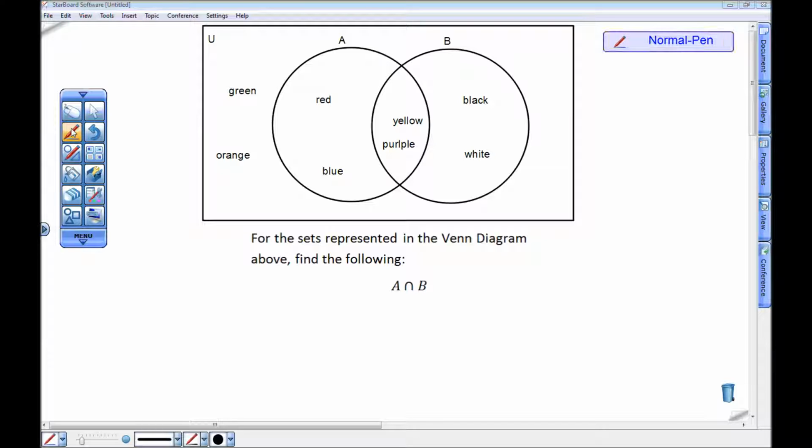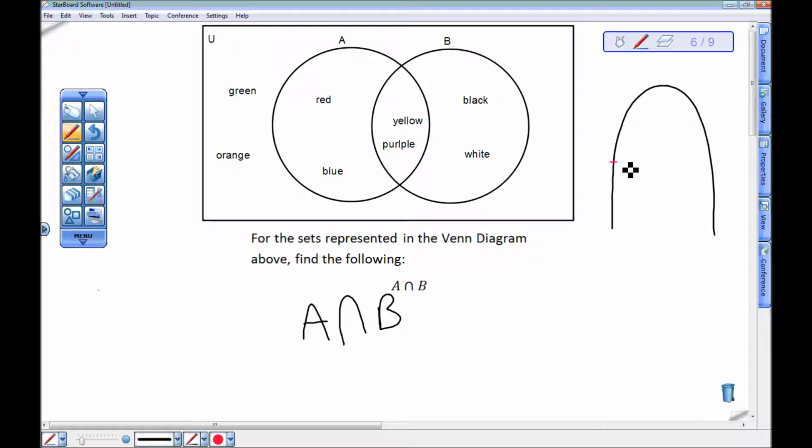Now, let's find this set. I want to find A intersect B. I have to remember that that symbol means intersection. The way that I do that, being dyslexic, I have to have a way to do that, is I imagine this symbol is kind of a loopy A or a curved A missing the crossbar.